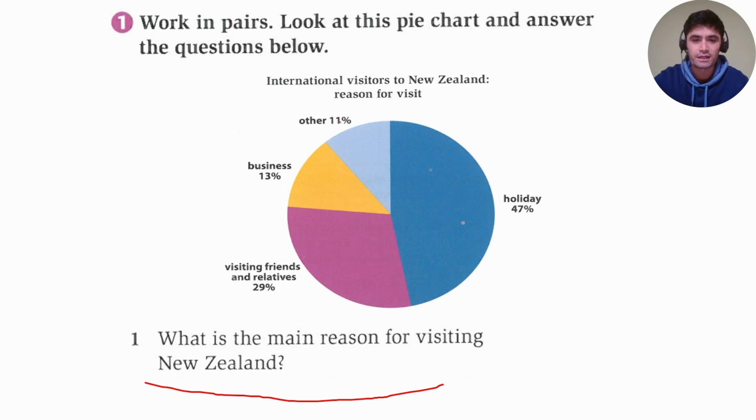Now let's look at this chart. Do you remember the type of chart? Yes, very good. This is called a pie chart. And this pie chart gives information about international visitors to New Zealand, their reasons for visit.